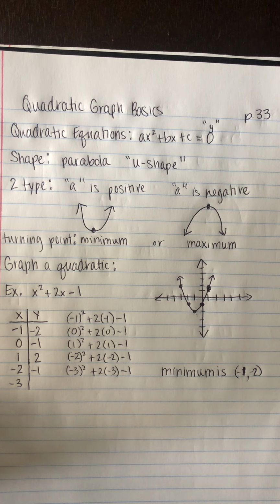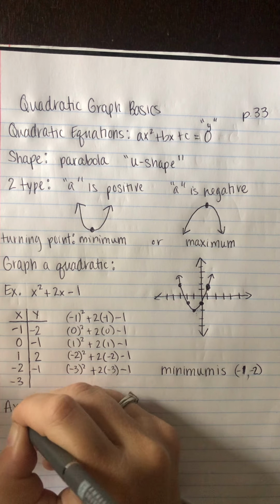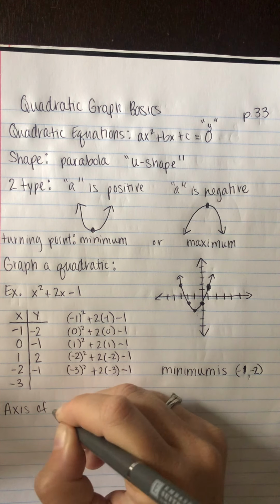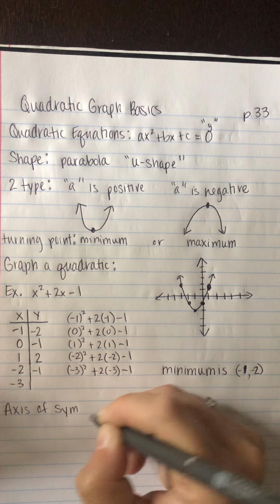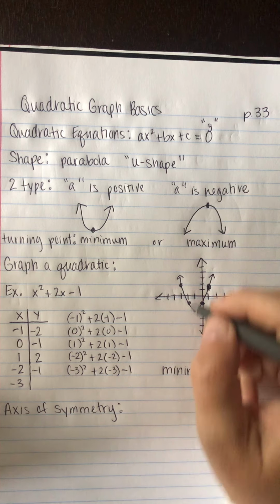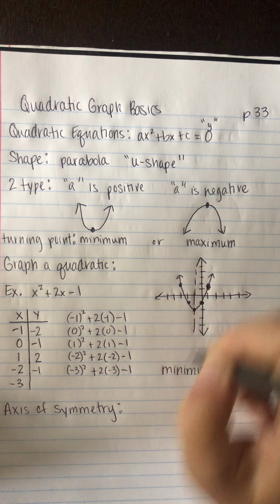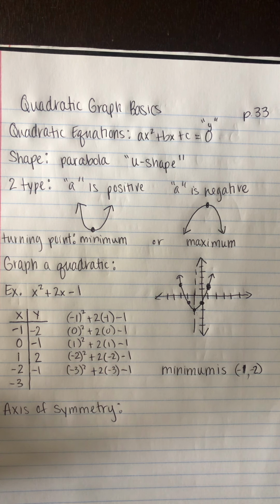All right, now the other thing that we want to talk about today is this thing called the axis of symmetry. So the axis of symmetry is going to run right down the very center of your graph, and it splits your graph into 2 equal pieces, the left side and the right side.